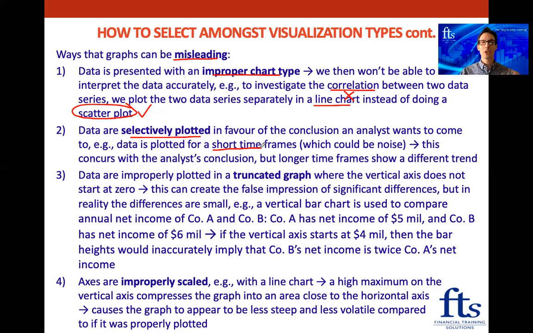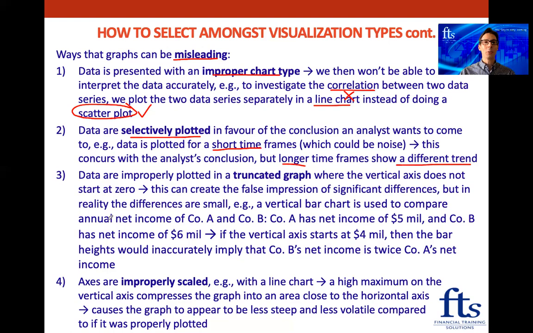So this short time frame concurs with the analyst's conclusion. But if the analyst actually did a longer time frame, it may then show a different trend. So then basically the analyst has selected the data for the conclusion he wants to come to, right?